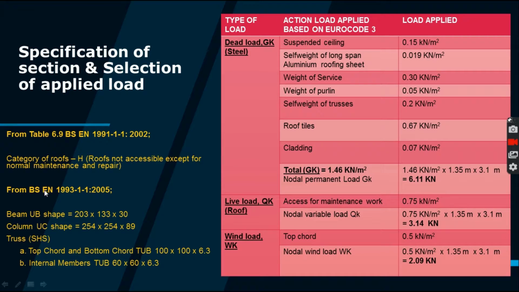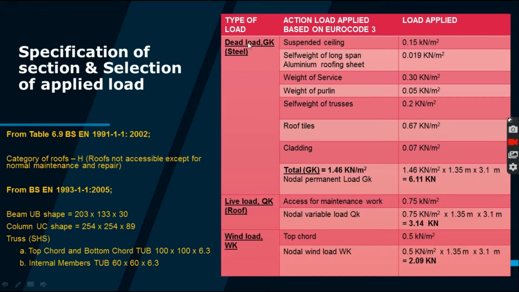And then from BS EN 1993:2005, we have a beam in UB shape and column in UC shape, truss SHS section. For the top chord and the bottom chord, we use SHS 100 x 100 x 6.3. For the internal members, SHS 60 x 60 x 6.3. Okay, you can see the table below.